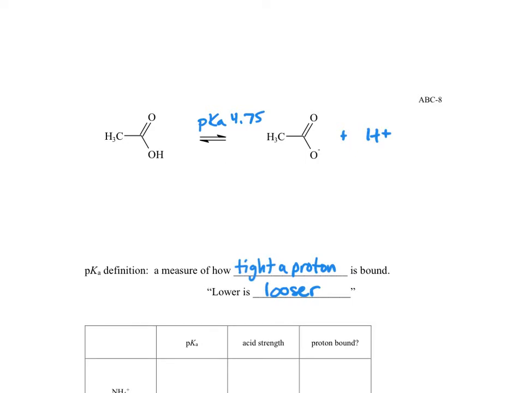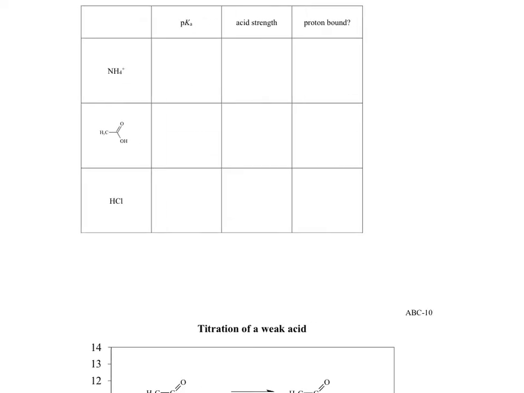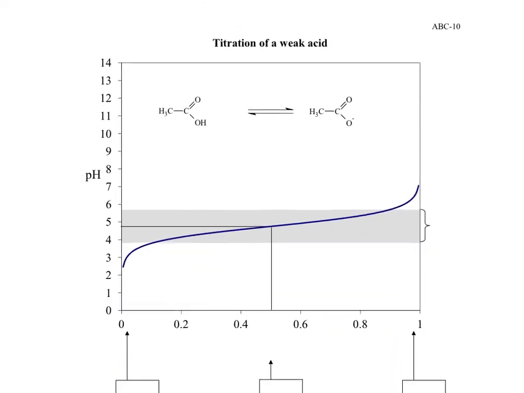And the answer to the question that I just asked is, is the proton tight enough or loose enough to behave as a buffer in blood? That's what pKa means. A definition is a measure of how tight a proton is bound, and lower is looser. Well, let's consider this idea of neutralization on the next page.